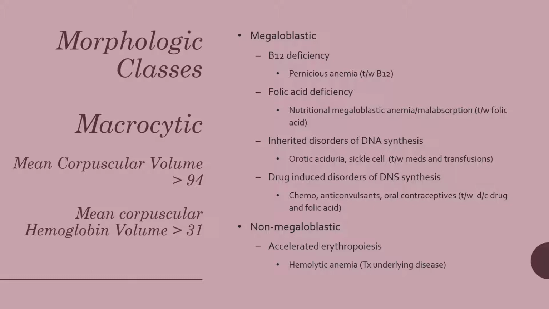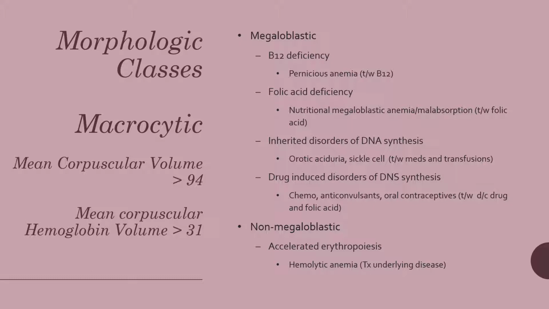To classify anemias overall, let's talk a little bit about macrocytic anemias, where I have large blood cells. As I am looking at lab values, I'm going to see a mean corpuscular volume. Remember, the corpuscle is another name for the red blood cell.